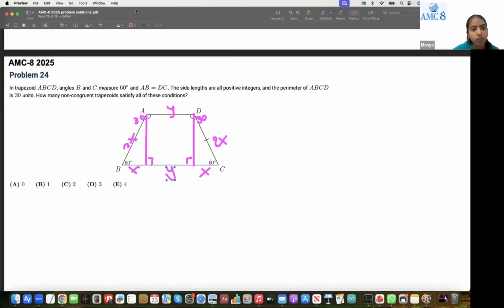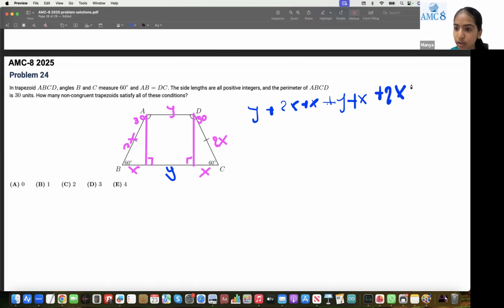So now we know that the perimeter of ABCD is 30 units, meaning that y plus 2x plus x plus y plus x plus 2x is equal to 30, okay?